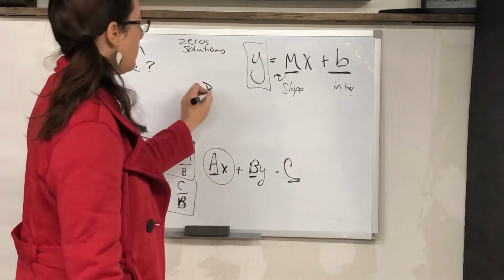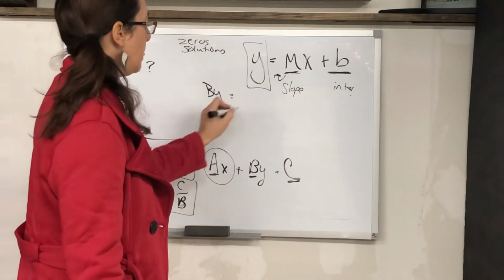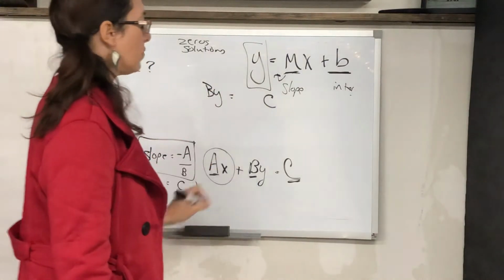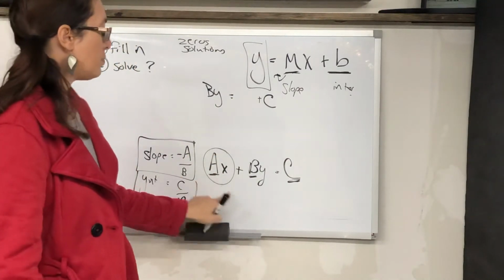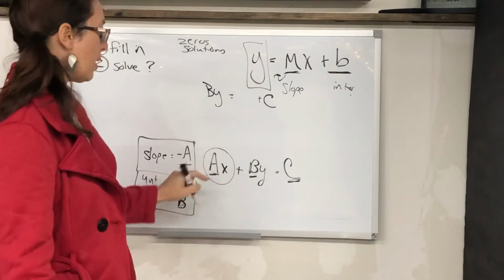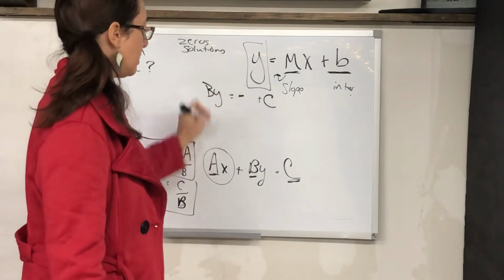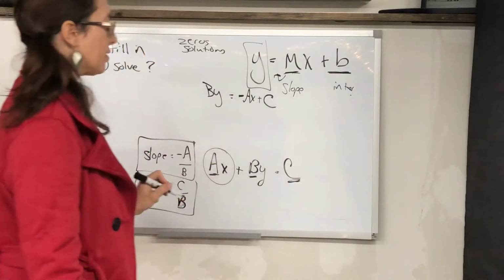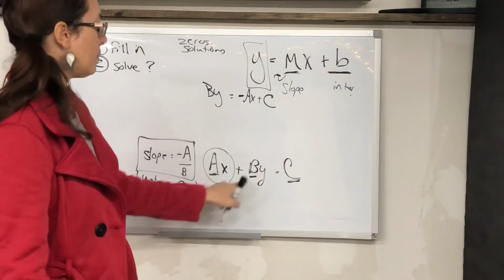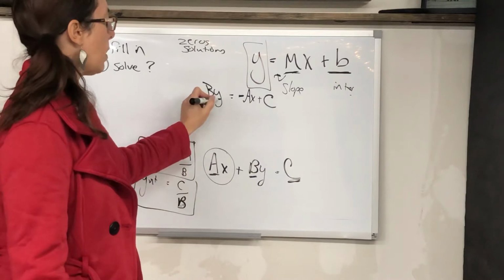So we have by equals, we've got a positive c over here. I want to move my x to the other side. So it's positive on this side, I'm going to subtract it. I've got to subtract it from one side, which means I've got to subtract it from the other side. So I now moved my a over. Now I still need y by itself.